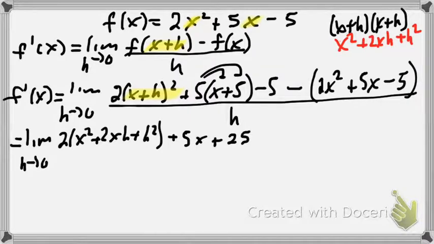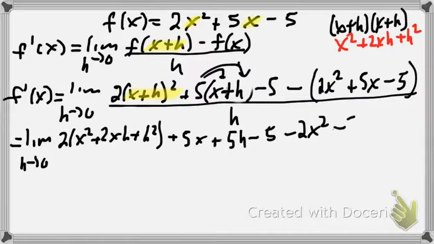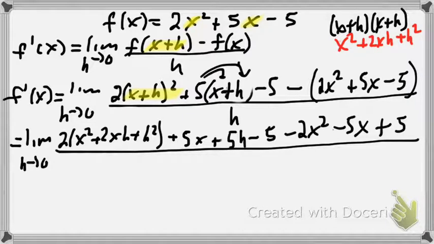I don't know why I put a 5. That's an h. Alright, so that's going to be 5x plus 5h minus 5, minus 2x squared minus 5x plus 5.